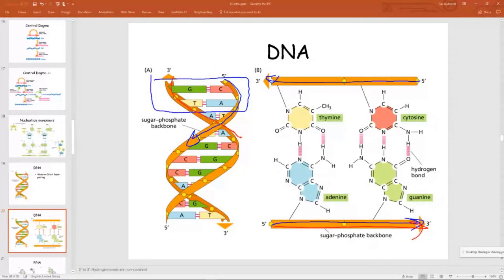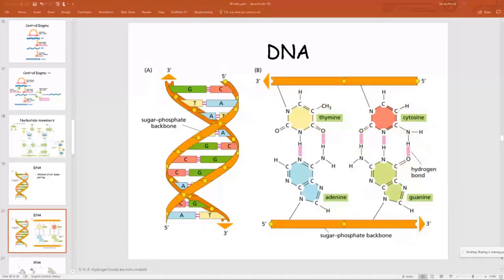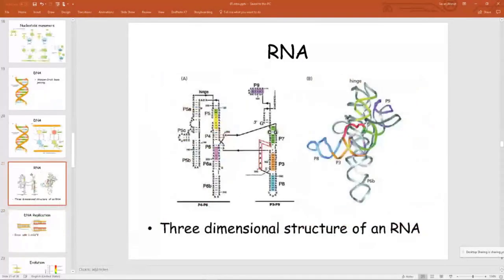Okay. The hydrogen bonding patterns will dictate what letter is complementary to what other letter. Guanine is complementary to cytosine, and then adenine will be complementary to thymine. Make sense?